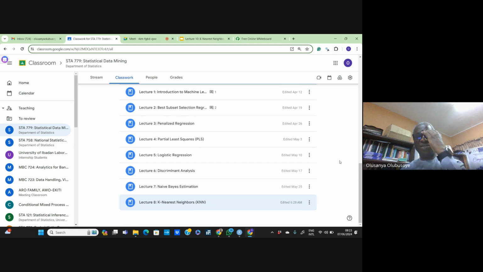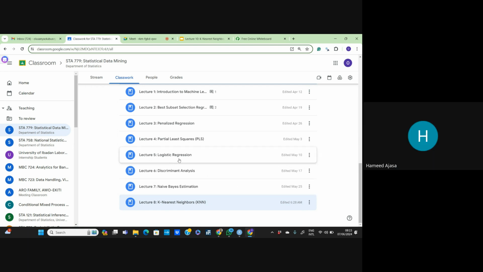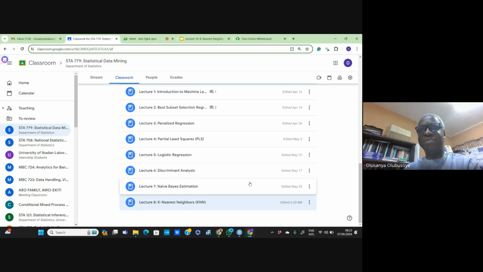algorithms to play around with. So there's no algorithm that is not mathematically presented. You will always see the mathematical equations. So they are all statistical models: logistic, discriminant, Bayes.